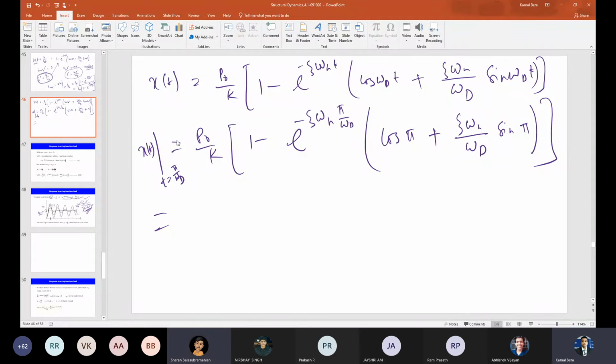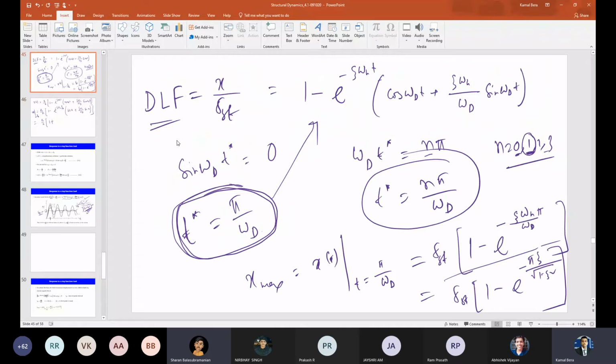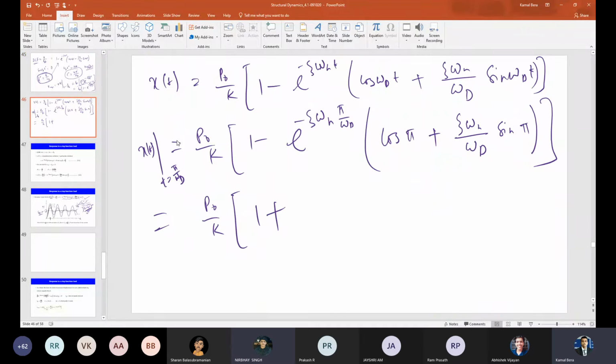So it will be p naught by k into 1 plus e power minus zeta omega n by omega d into pi. Why did someone tell 1 minus? What is the difficulty in calculation? Is it a mistake or something else? Yes, sir, by mistake. Yeah, 1 plus. So omega n will cancel out, leaving e to the power minus zeta pi over root over 1 minus zeta square.